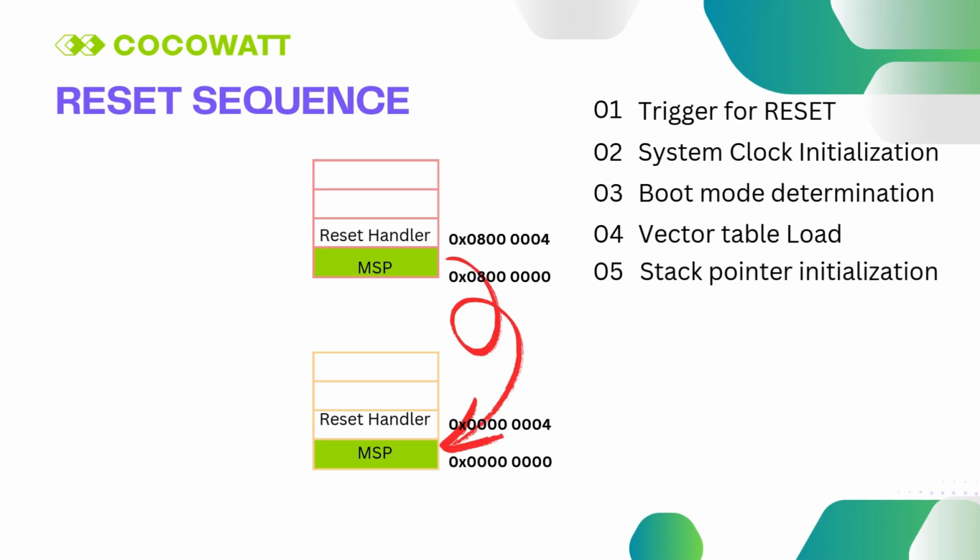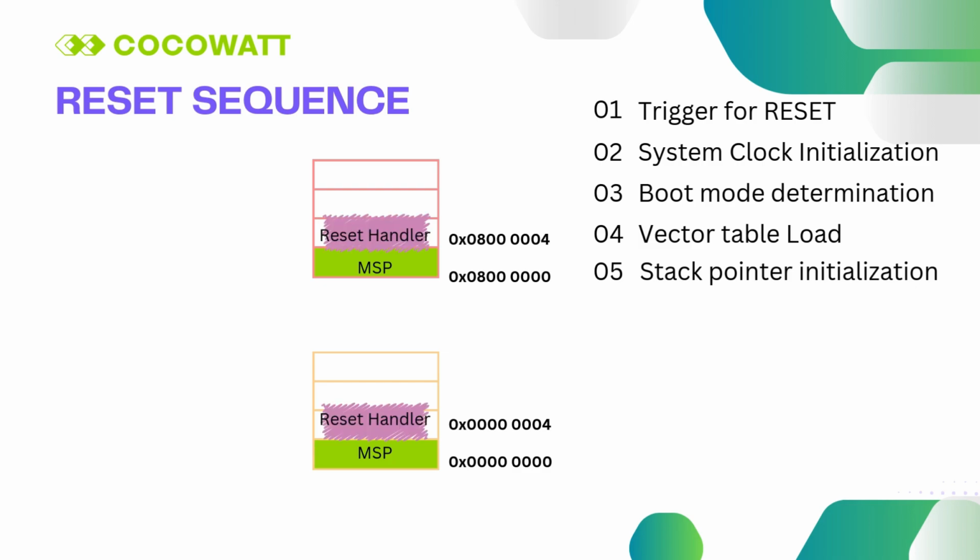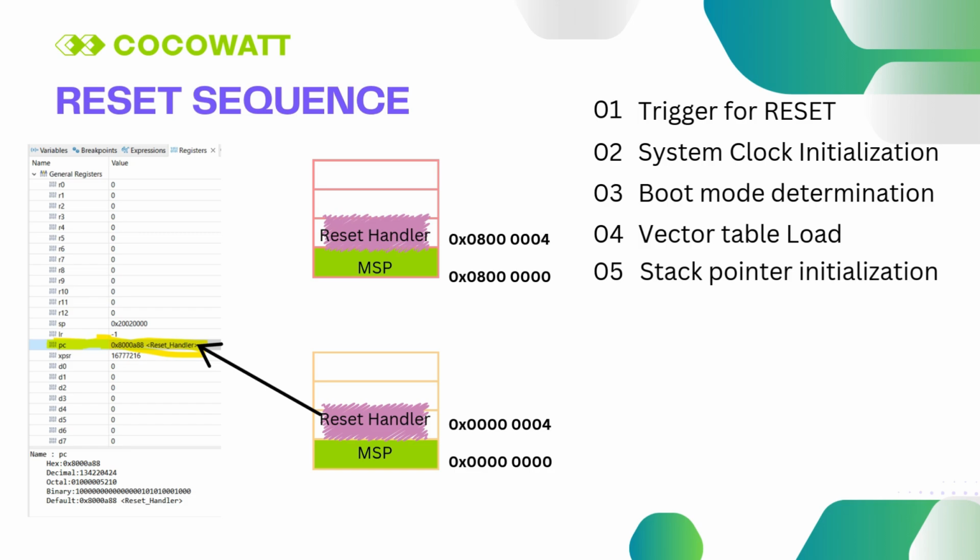So the address mentioned in this location is copied to MSP register. Next step is execution of reset handler on next address, that means 0x08000004. The address of reset handler will be available. This will be copied to PC, program counter next.